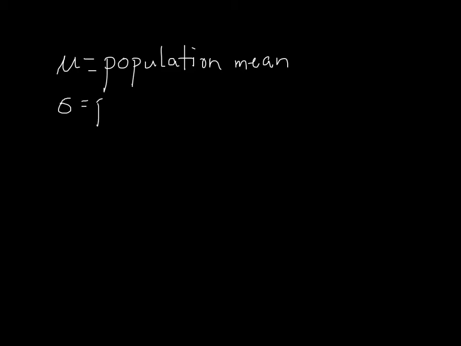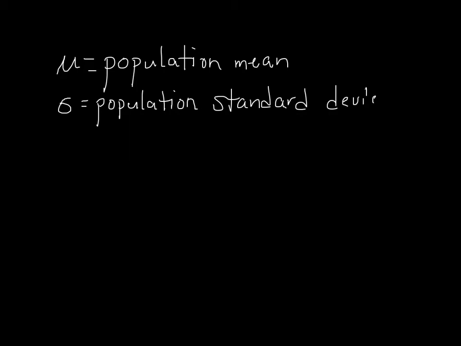Sigma, that's our population standard deviation. And in this section, we're going to know what sigma is. In section 7.4, we're not going to know what sigma is. And that's probably more realistic, that we don't know the standard deviation of the population.